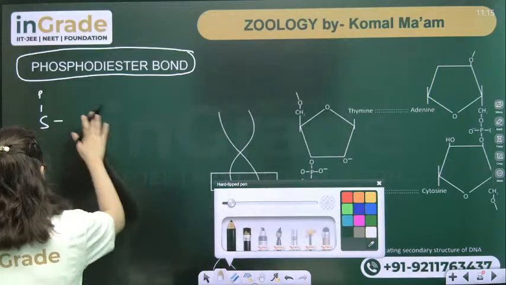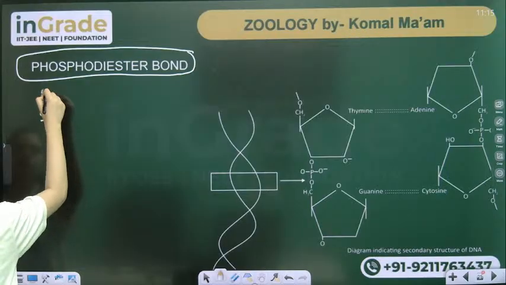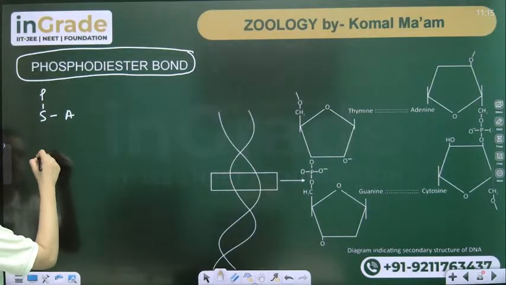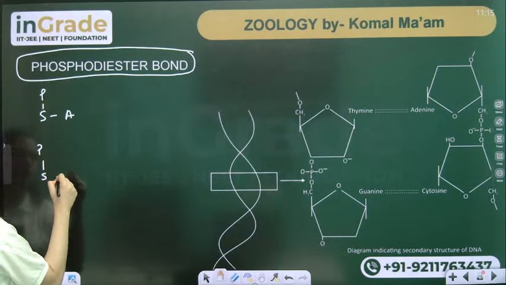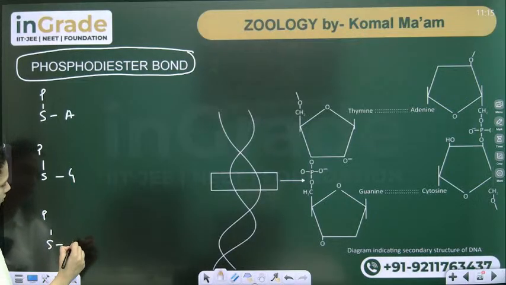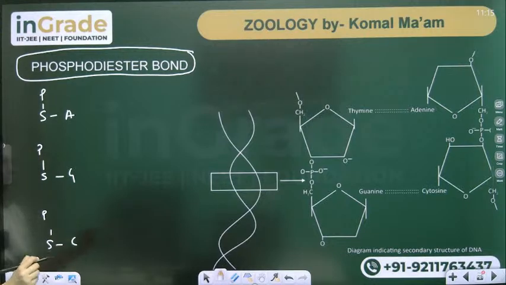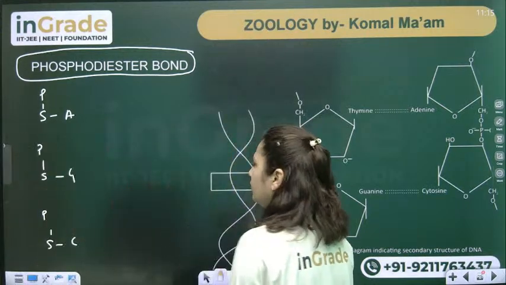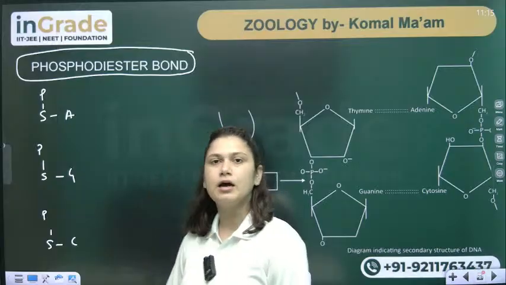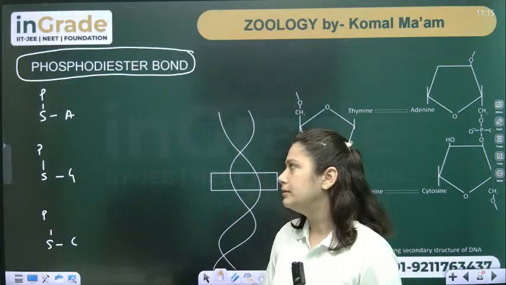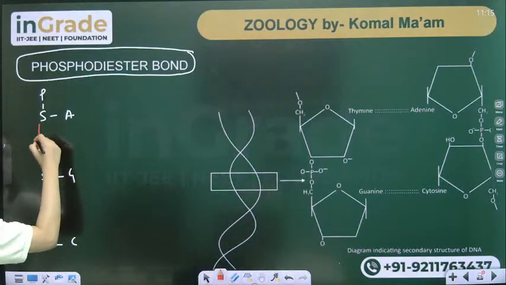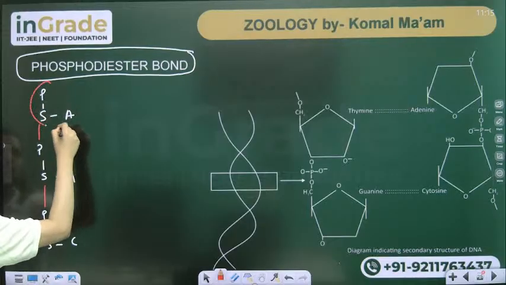We have sugar, phosphate, sugar, phosphate, then we have any nitrogenous base, say adenine. Then we again have sugar, phosphate, then a nitrogenous base, say guanine. Then we have sugar, phosphate, then say cytosine. So these are the different nucleotides. Now how are these nucleotides bonded with each other in nucleic acids? They have bonds known as phosphodiester bonds.